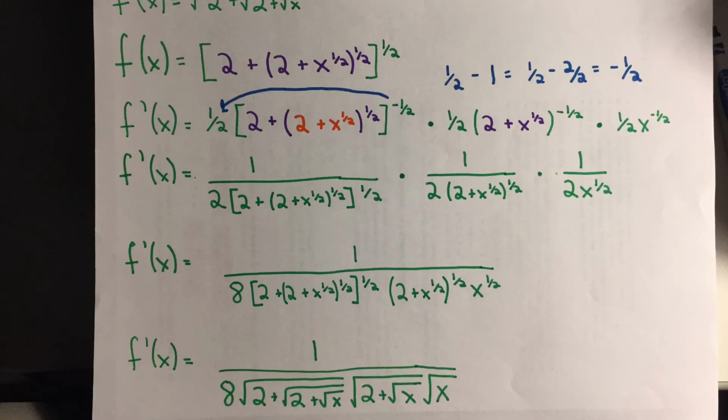Now, our final step, we are going to change all of our 1/2 exponents back to radicals for our final answer. So our final answer, the derivative of our function, is 1 over 8 times the square root of quantity 2 plus the square root of quantity 2 plus the square root of x times the square root of quantity 2 plus the square root of x times the square root of x.